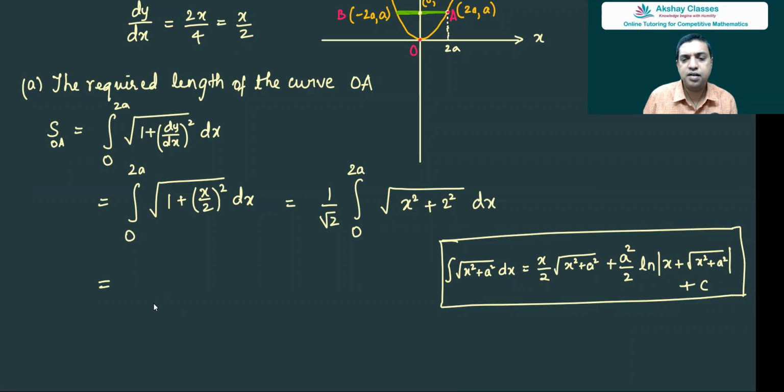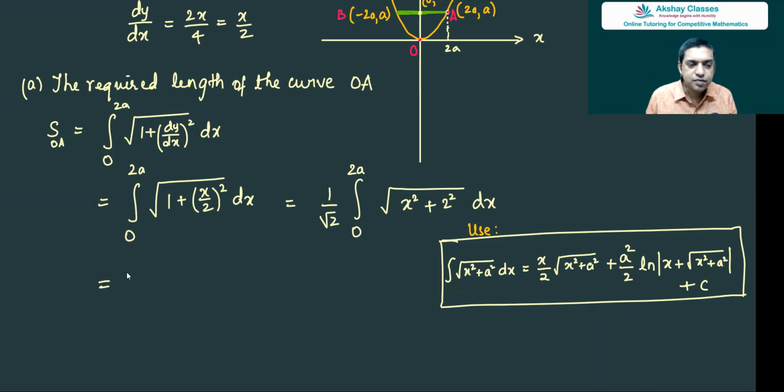So we have to use this. I have been repeating when I was teaching integrals that these formulas are very important. We will use this in application of integrals. So here we are. This is what we have to use here.